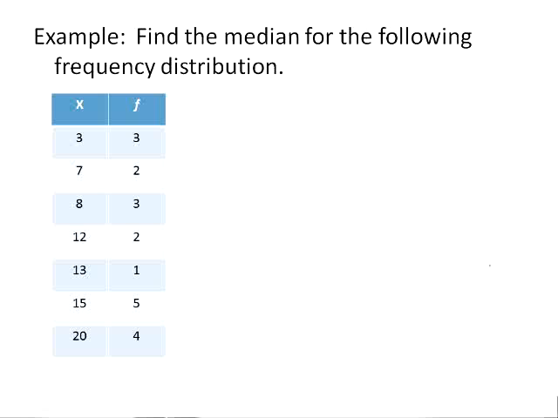Now let's find the median for the following frequency distribution. Now if you look at this frequency distribution, we need to count how many data points there are. So if we find the sum of the frequency column, we see that there are 20 data points. Since there are an even number of data points, the median will be the average of the middle two numbers.